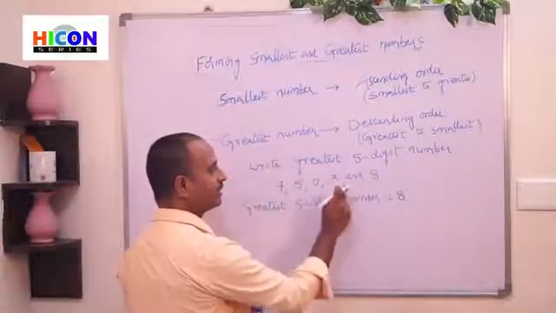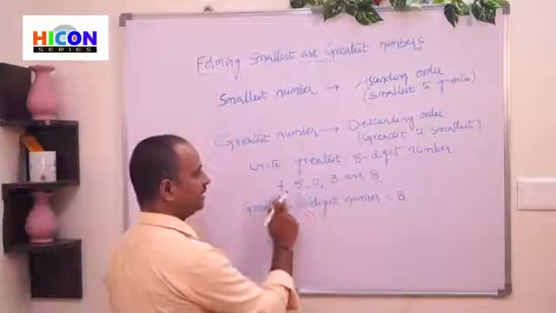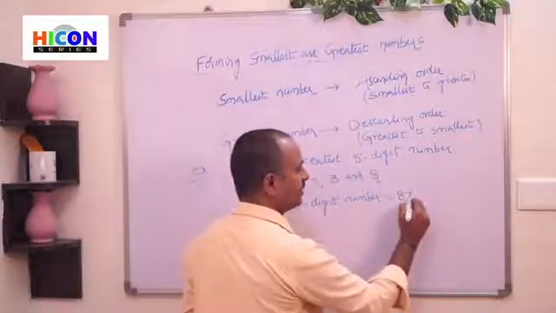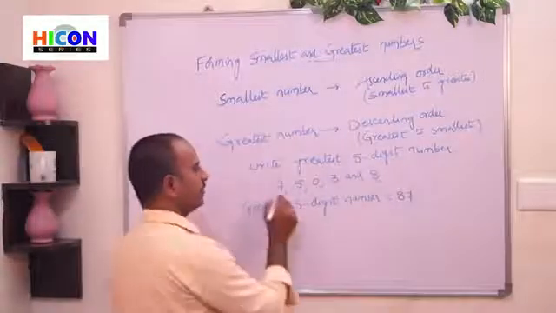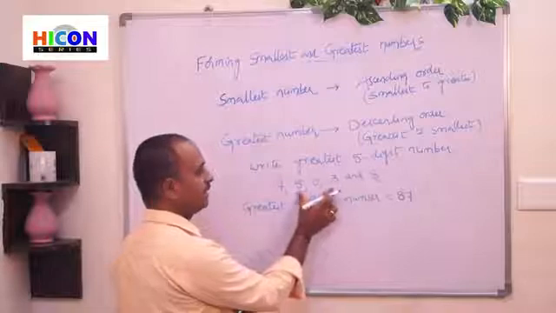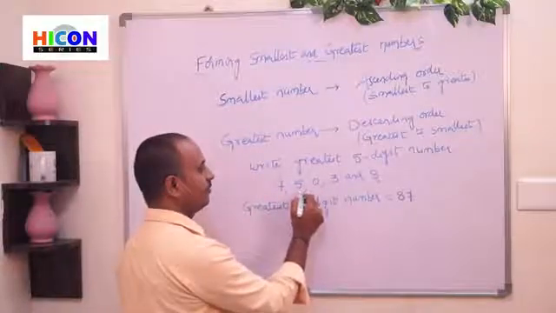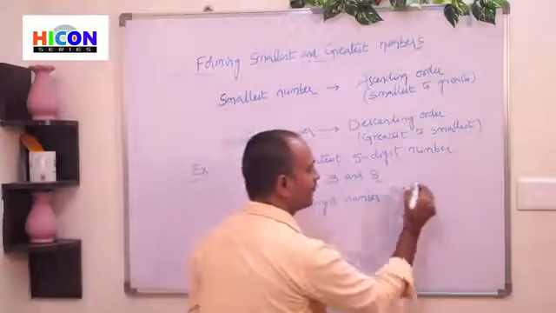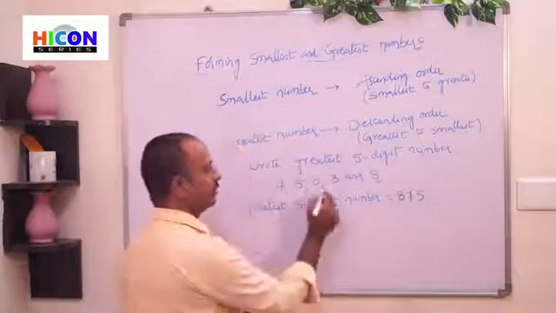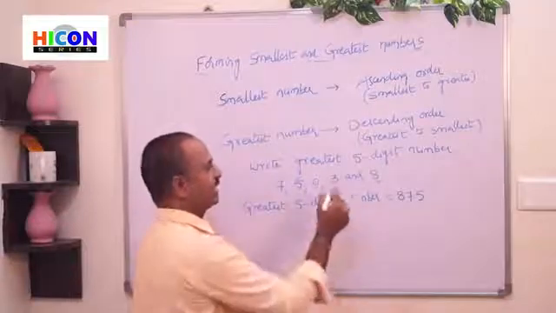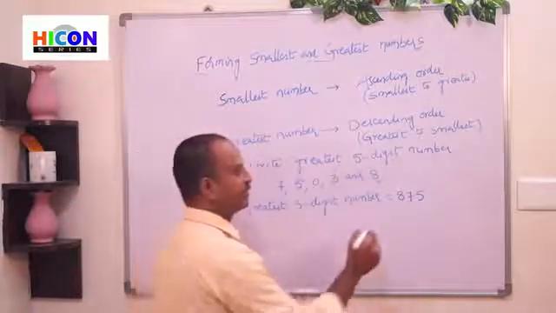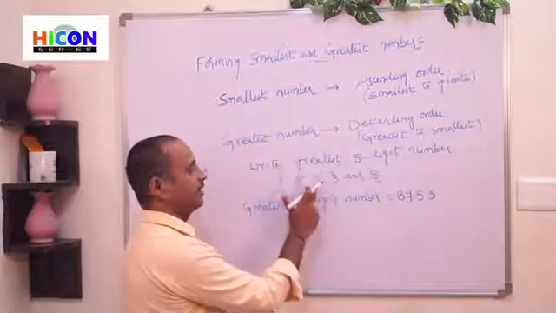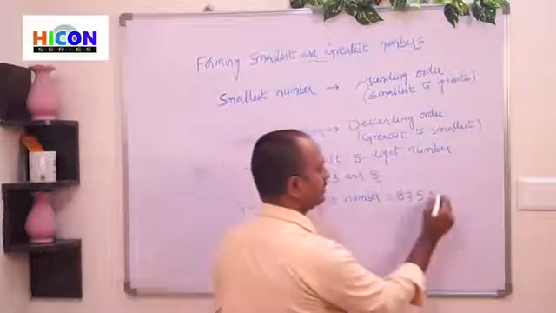After 8, which one is the greatest among these 4? 7 is the greatest, so write 7 after 8. After 7, among 5, 0 or 3, 5 is the greatest. So write 5 here. Among 0 and 3, 3 is the greatest. So write 3 and the remaining digit 0 in the last.